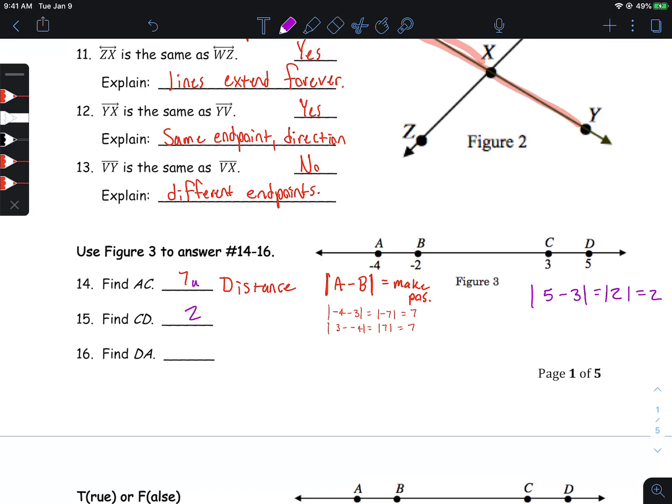As far as the units go, you can just put U for units. Technically, we need a unit there, but they didn't give us any. All right, and then from D to A, I'm going to go in the order of 5 minus -4. You could also go -4 minus 5. You should get, at the end, 9. And then you can put 9 units right there.